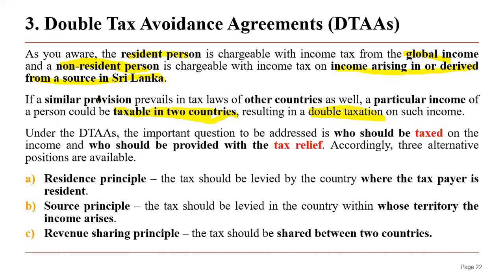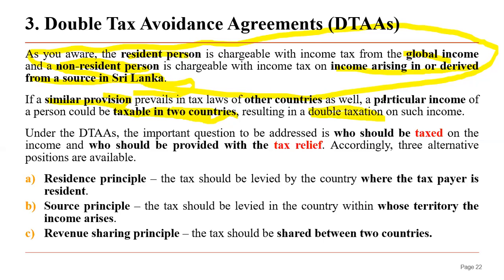Similar provisions prevail in the tax laws of other countries as well. The similar provision is global income for a resident person and the source principle for non-residents.